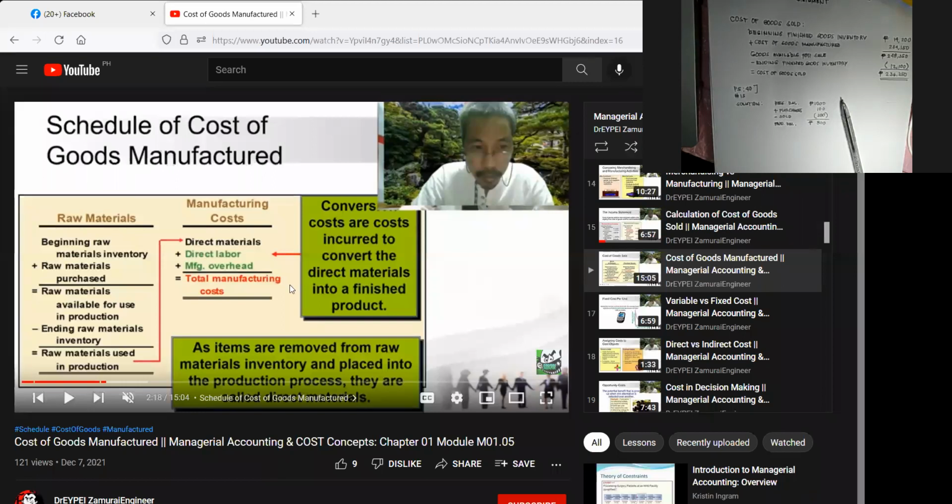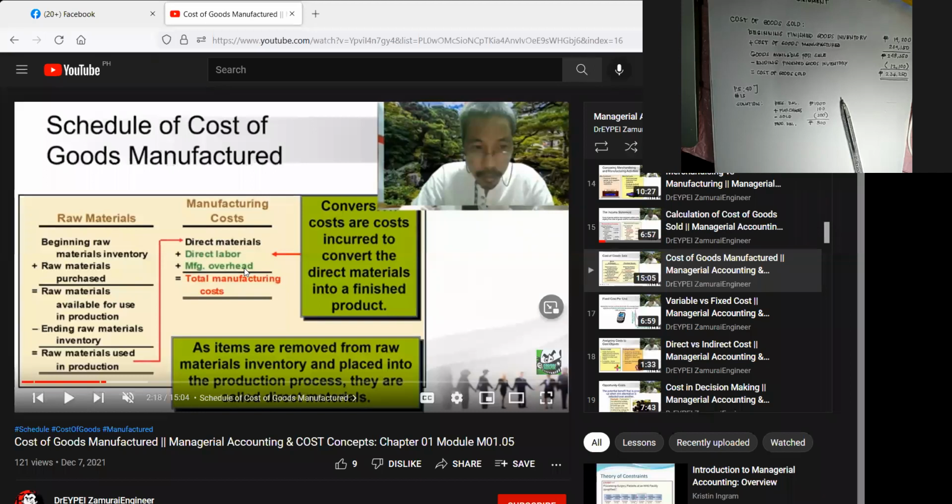So manufacturing cost. Take note. There are three components of manufacturing cost. Direct materials, that is coming from the raw materials used from the previous screen. Then we have the next one, which is direct labor, and we have the overhead.